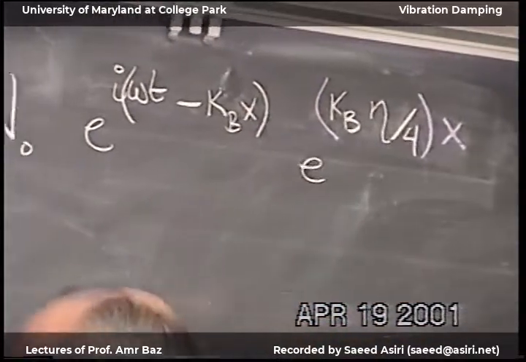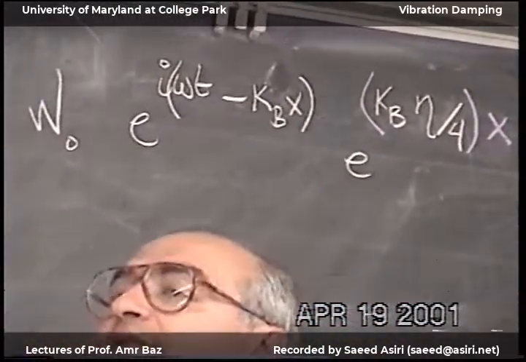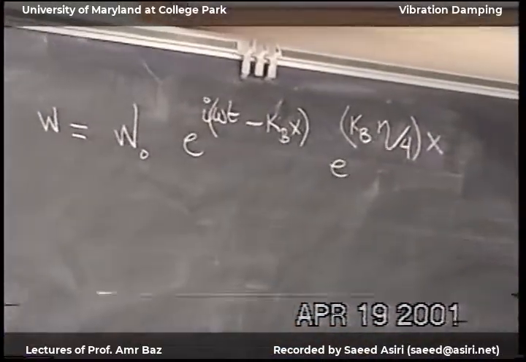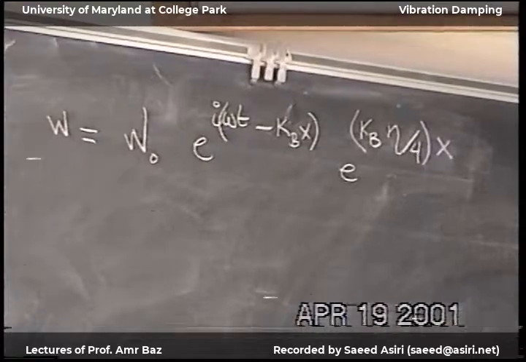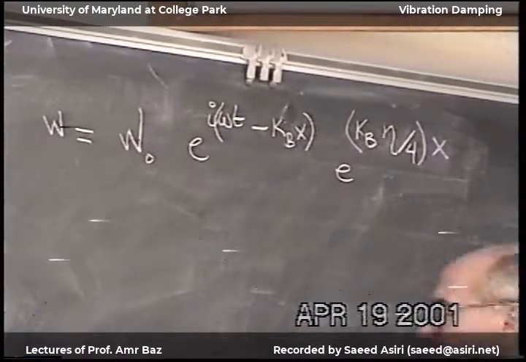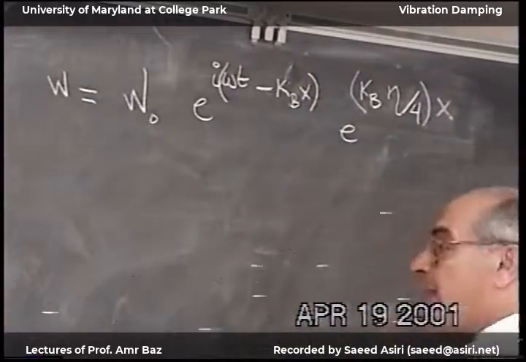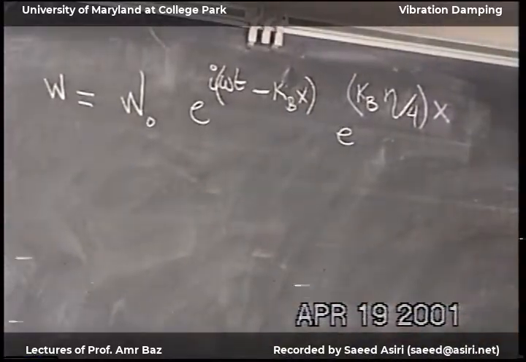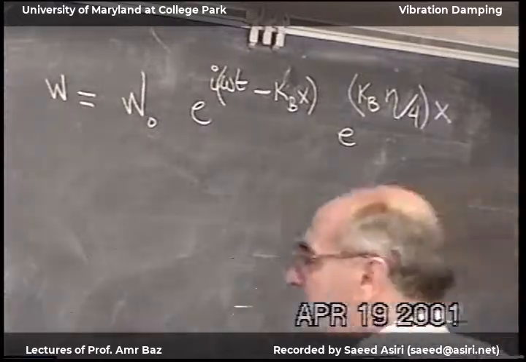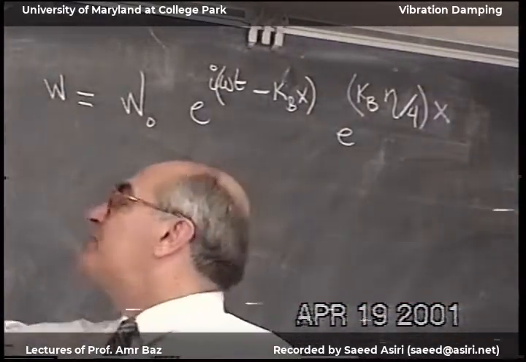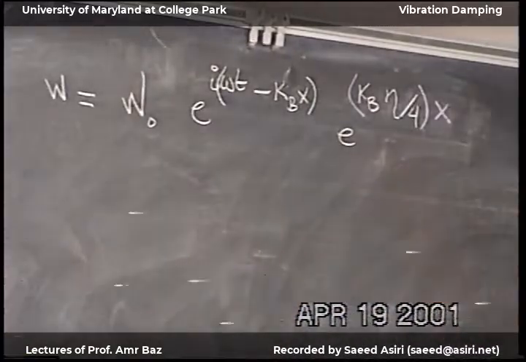So I'll substitute this in here. We have i here, and then i here, so it will be i squared minus, and then minus becomes plus, and this will be this term.